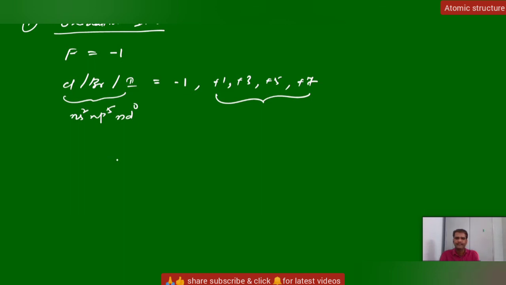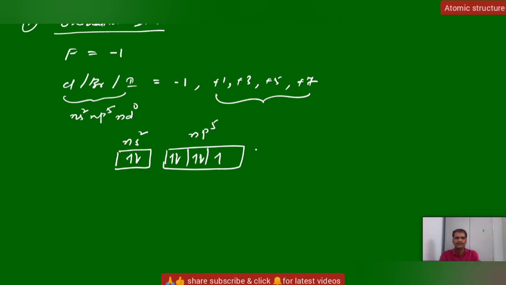Let me take this box diagram. ns2, this is np5. Next we have nd0. This is the ground state electronic configuration.